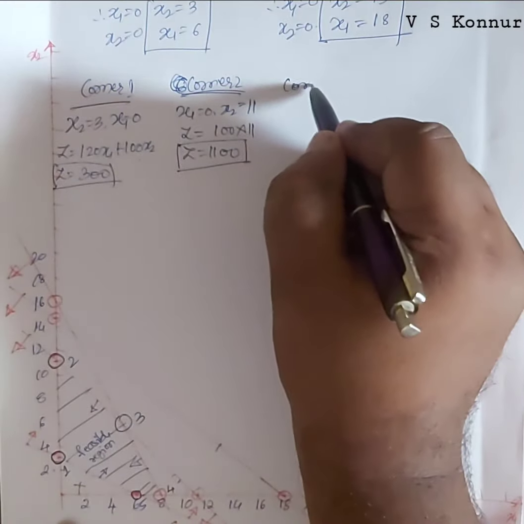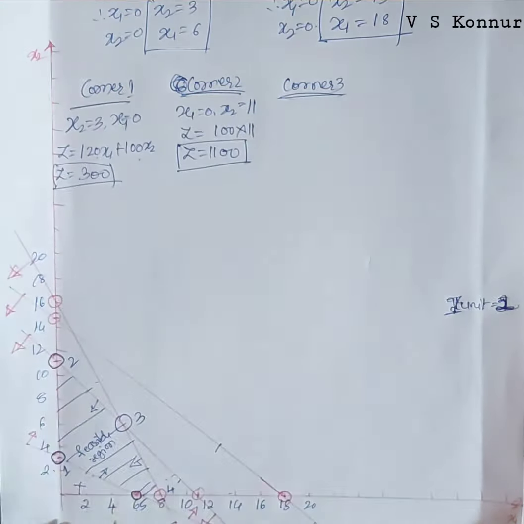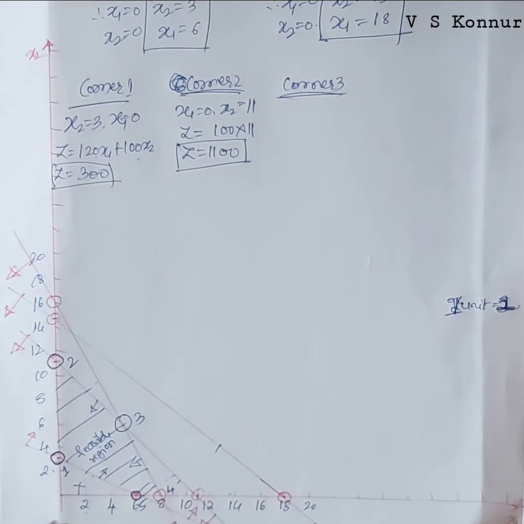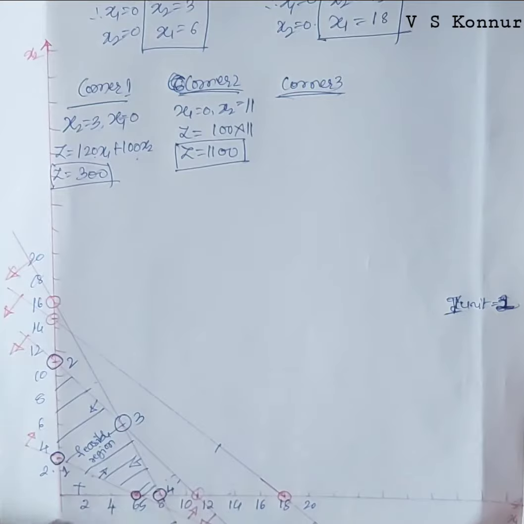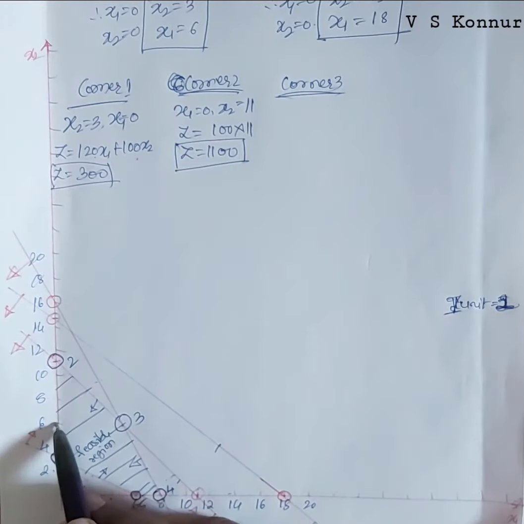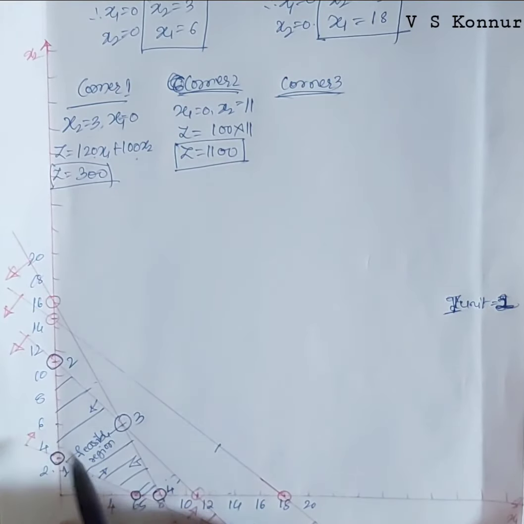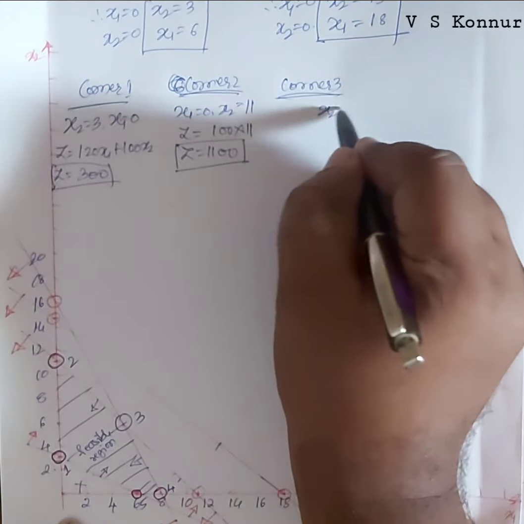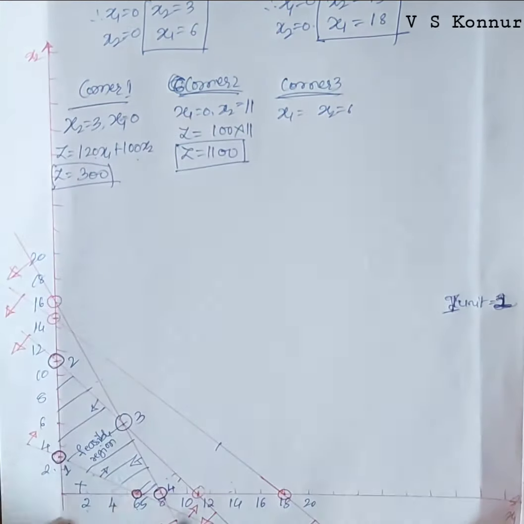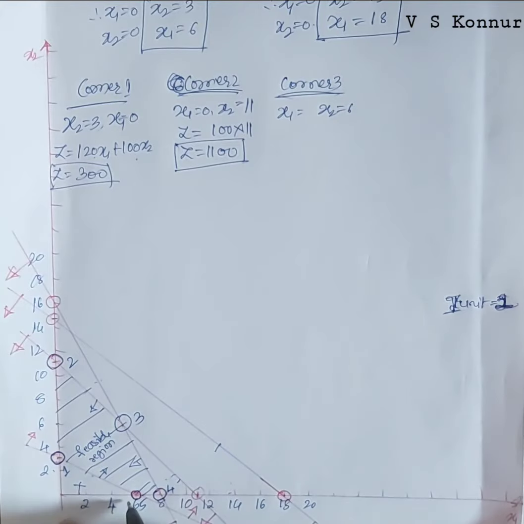Next, corner 3. So this is corner 3. x2 value is 6, x1 is around 5.